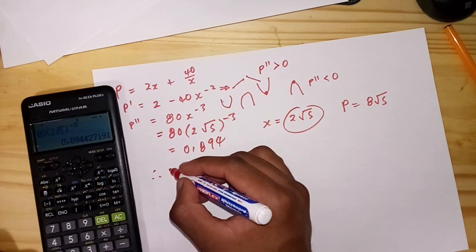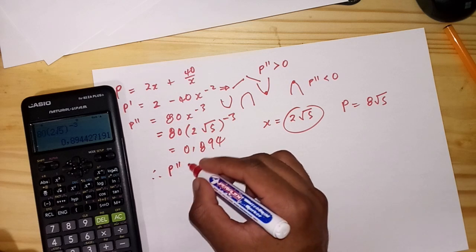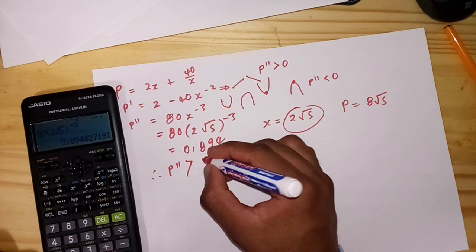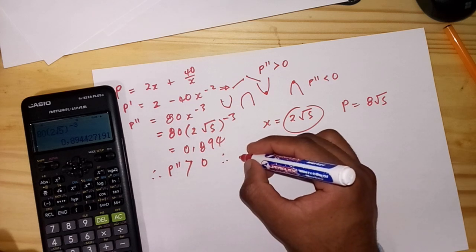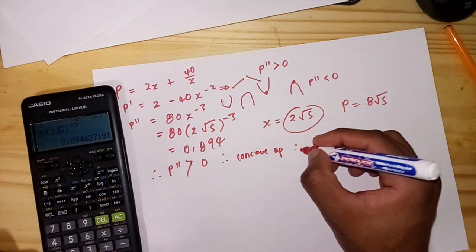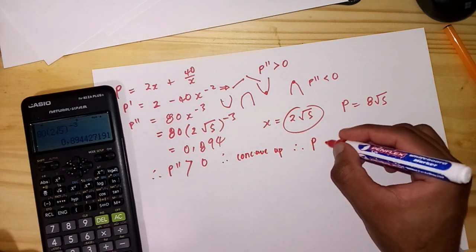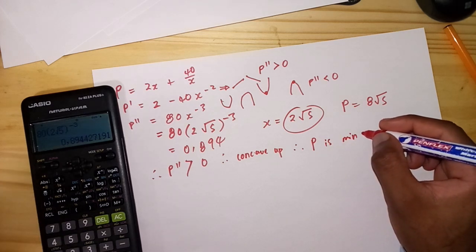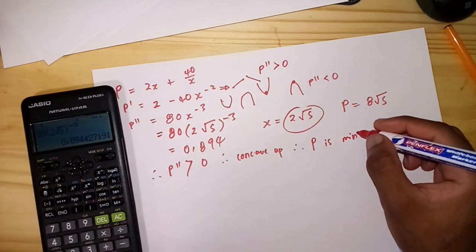So you say, therefore, since your second derivative is actually greater than 0, your graph is concave up, therefore the perimeter is minimal, right?